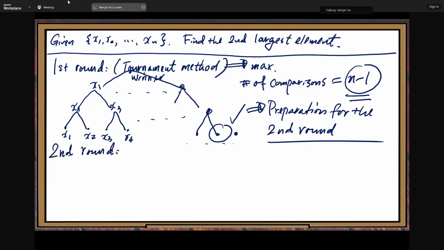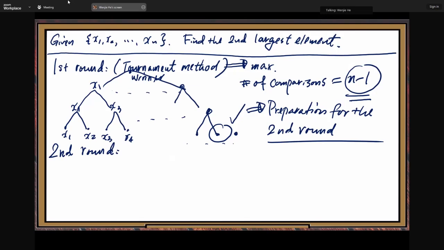Then we need to do some important analysis work. The first question we need to ask, in order to find the second largest, is to identify the candidates for the second largest. What are those elements that are qualified for the second largest element?